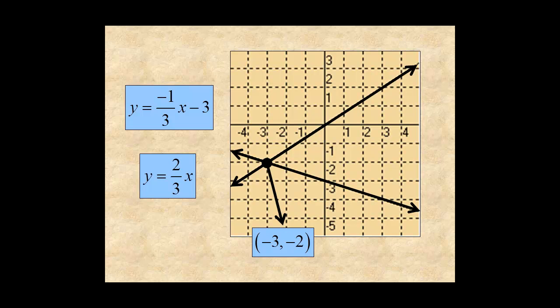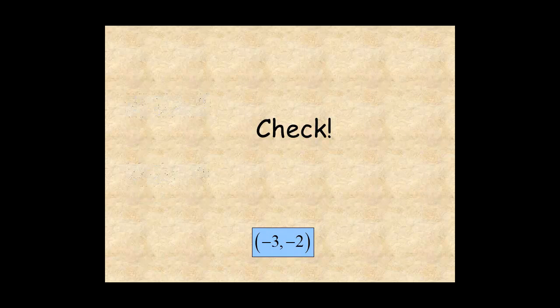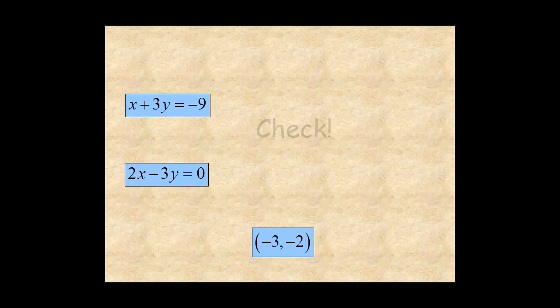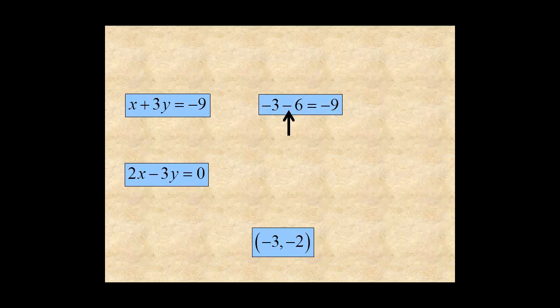Be sure to check the solution in each of the original equations. For the first equation, substitute x = -3 and y = -2. Then 3 times -2 is -6, and -3 minus 6 is -9, and the solution checks in the first equation.